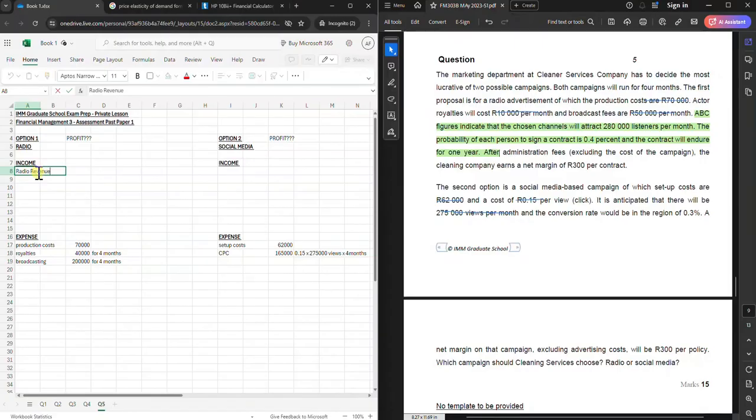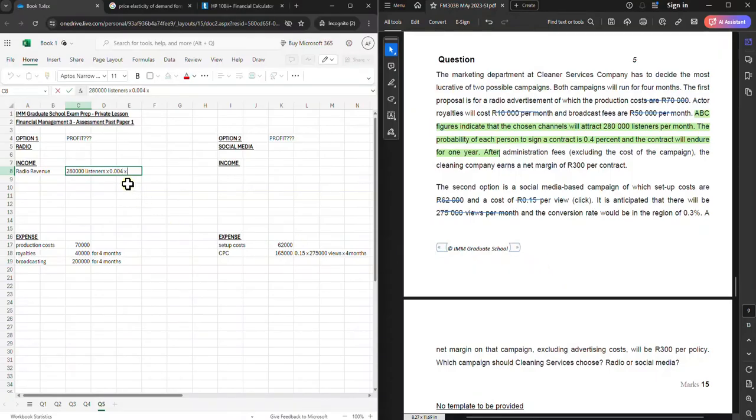Radio revenue, much better. Okay, so you said you have 280,000 listeners times 0.4% of them. 0.4%, so that's 0.004.